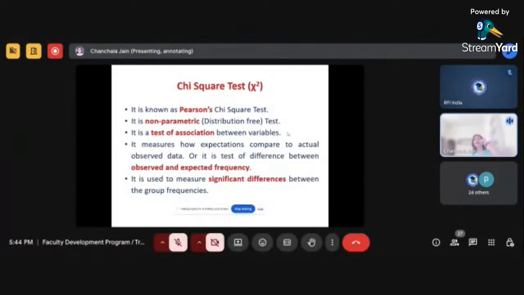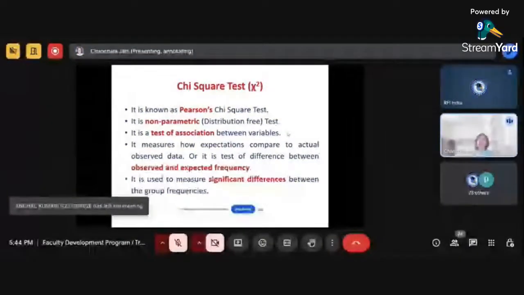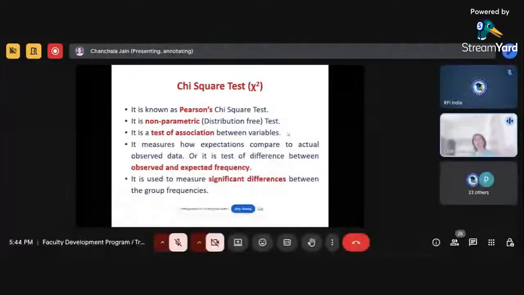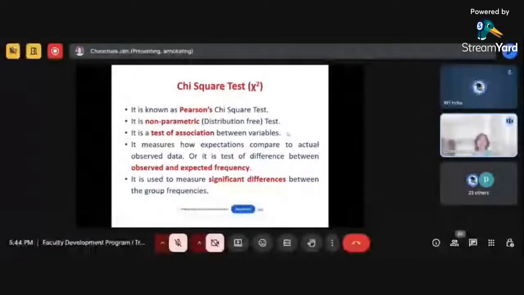Now coming to the agenda of the day, that is the chi-square test. The chi-square test is also known as Pearson's chi-square test because it was given by Karl Pearson. As I said, it is a non-parametric test because it is distribution free. We are not looking for the normal distribution of the data.